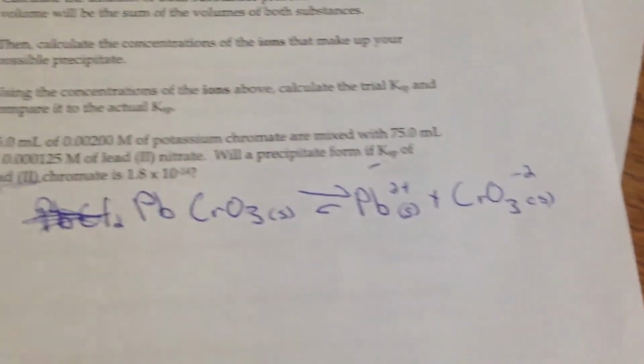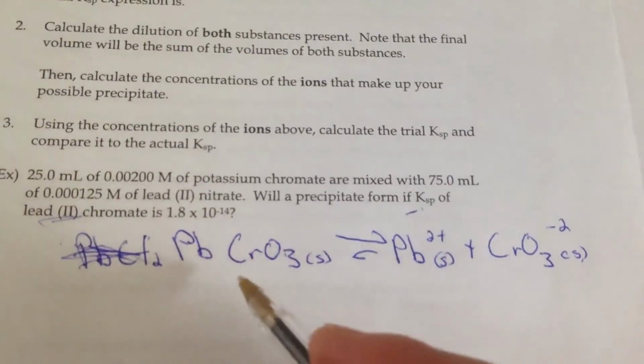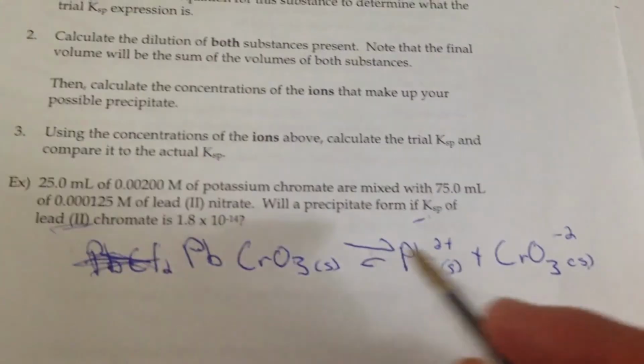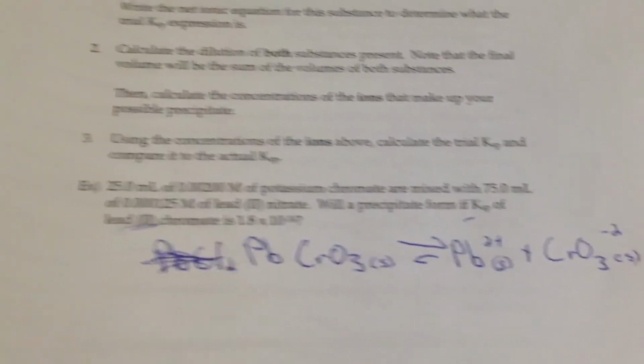Okay, so we write out our equation. We notice all our coefficients are 1 to 1 to 1, so that means everything's 1 to 1.